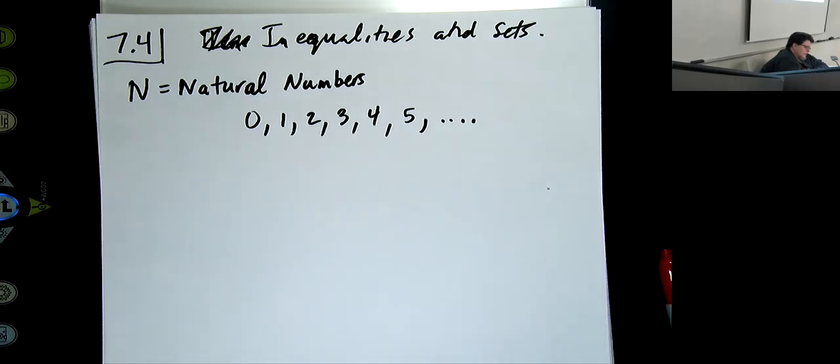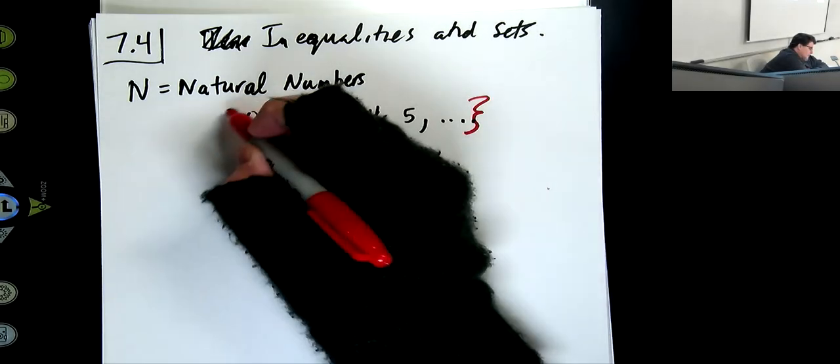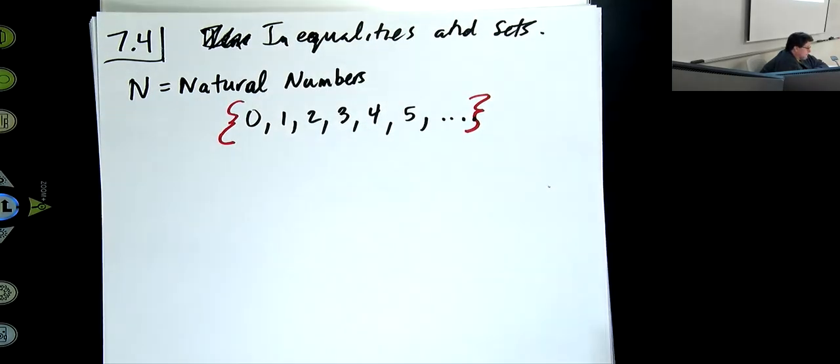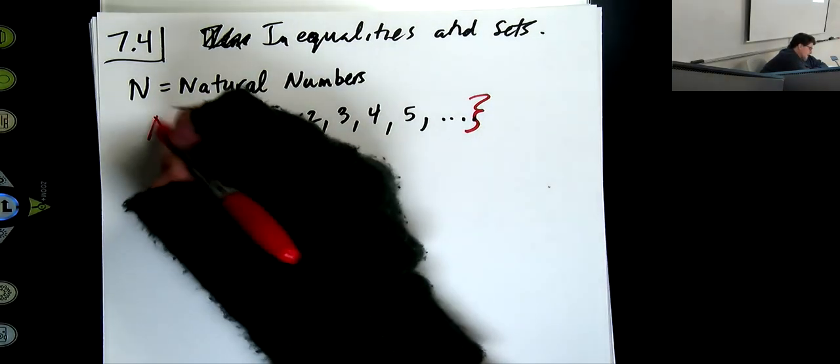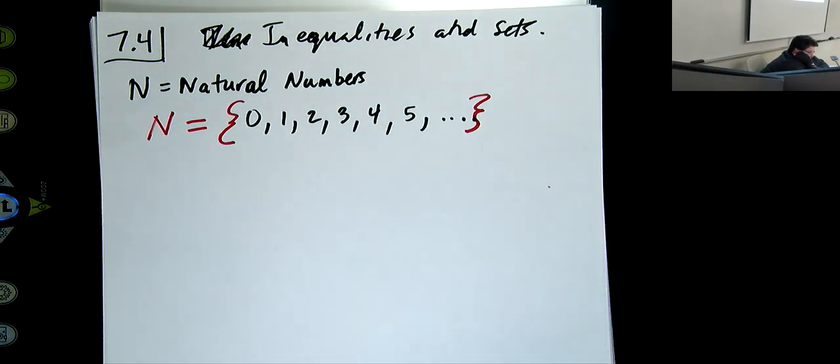To indicate a set, they put curly braces around it. So they will say N is the set like this. I'm never going to test you on this, but when the homework shows you, you'll at least know what they're talking about.